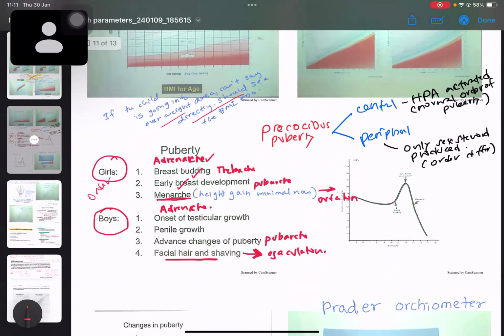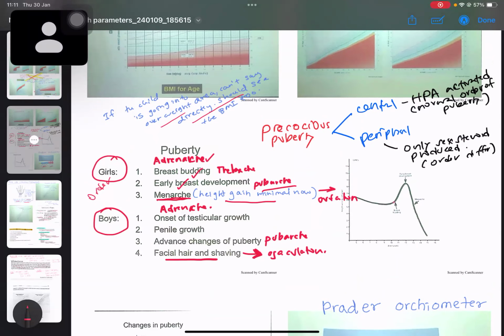Puberty stops at menarche, where the height gain is minimal. After puberty, the height gain will be minimal.